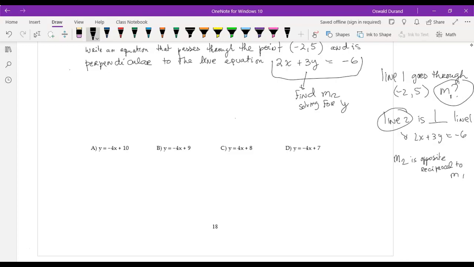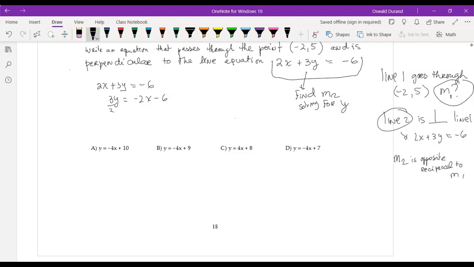So it's going to be 2x plus 3y equal to negative 6. Solve for y, meaning that it's going to be 3y equal to negative 2x minus 6. Okay?